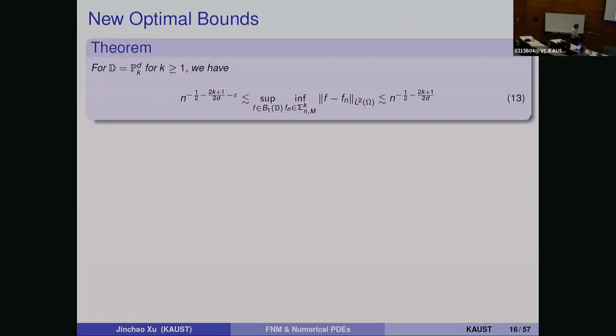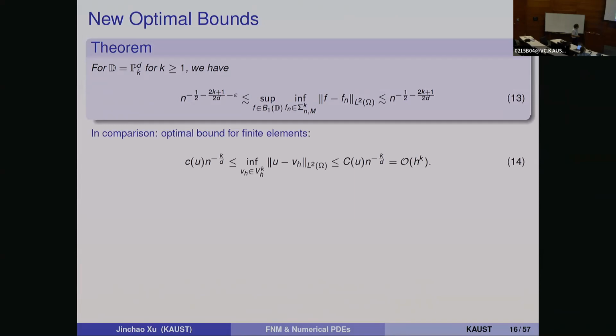Recently we pushed these things a little bit. If you do the ReLU to the kth power, you can gain some extra power. We can actually prove this, which is the work I did.